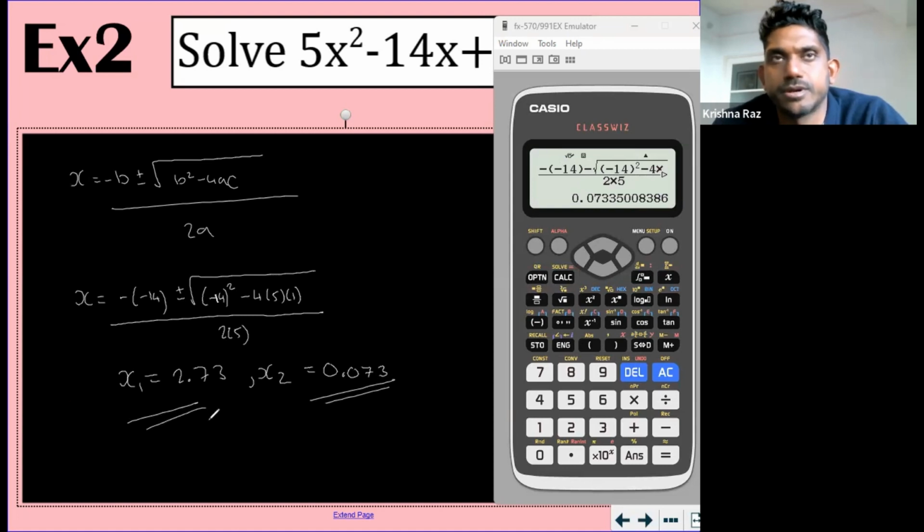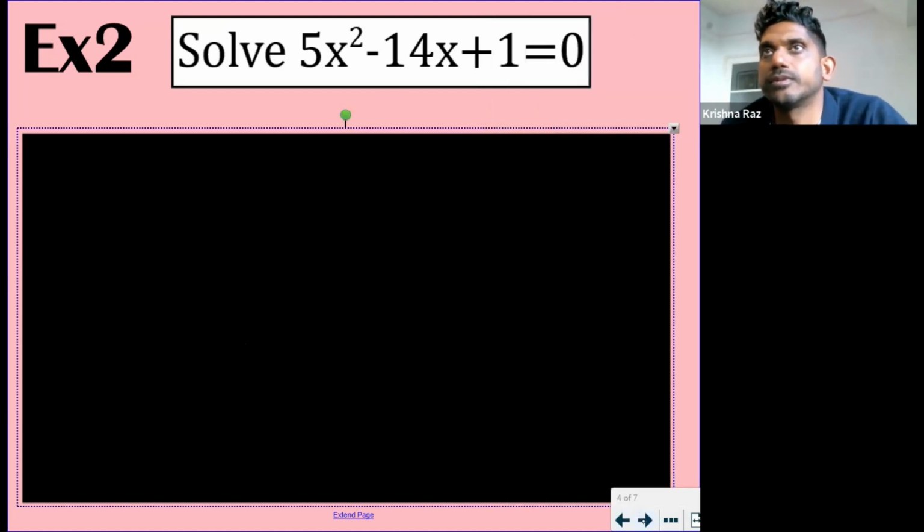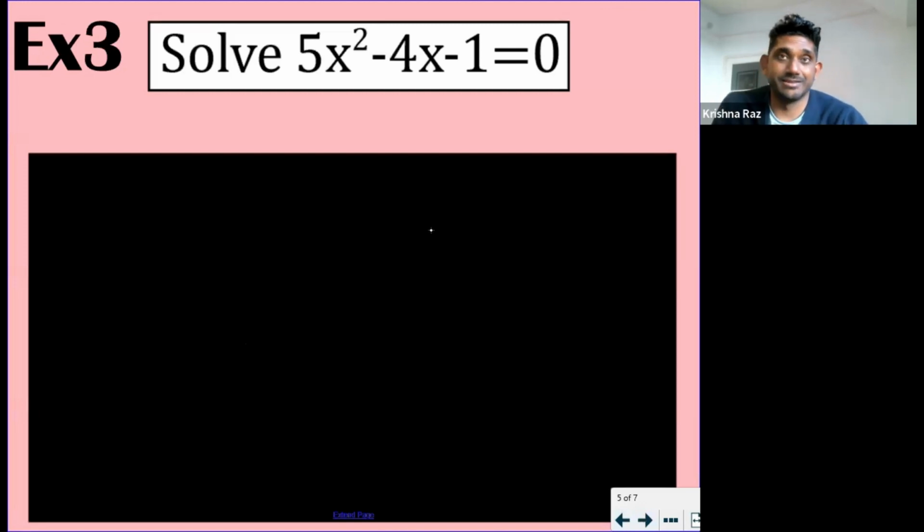So the final example, I'm going to make c negative. I've also made b negative, but really I want to just show you the difference when we make c negative.